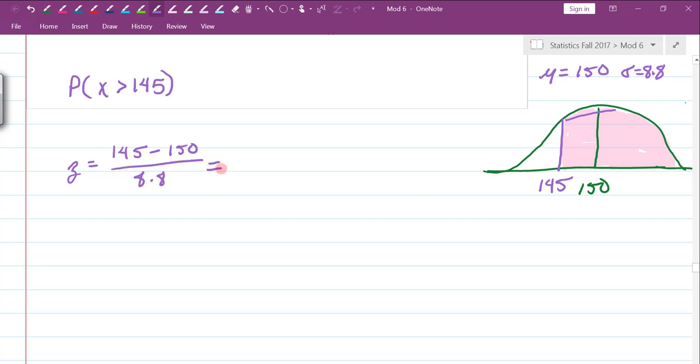And we throw this in our calculator, and we're going to find out that 145 subtract 150 divided by 8.8 is equal to negative 0.57. So let's go ahead and draw our standard normal curve.